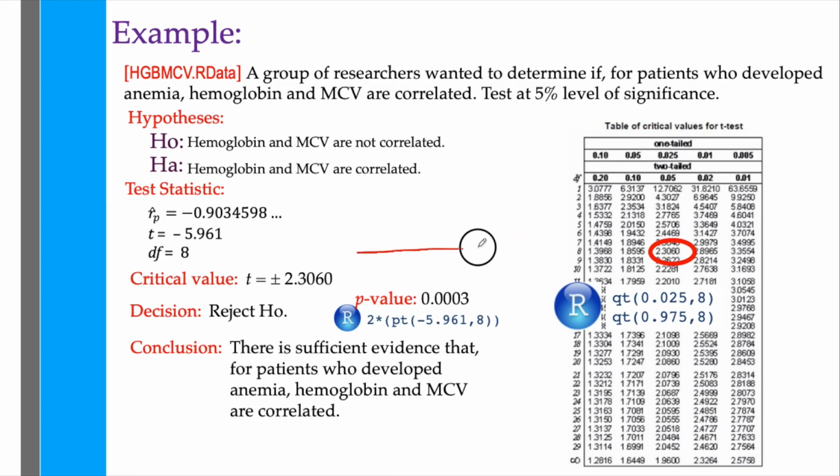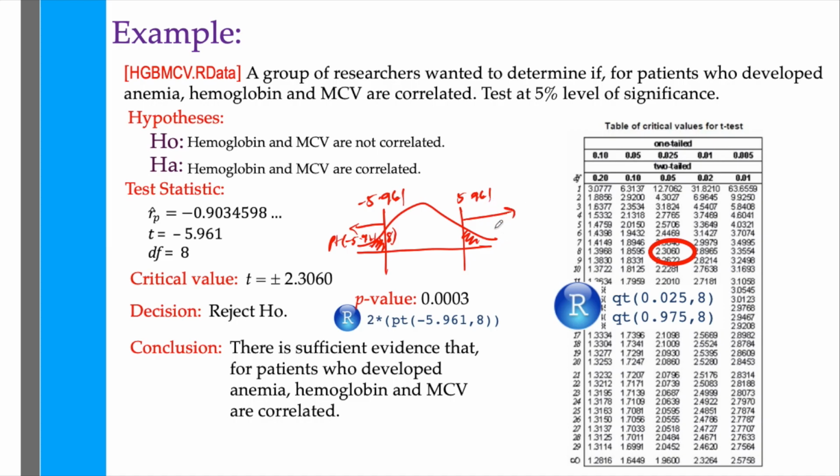Now, for the p-value, all we have to do is to get the area of negative 5.961 to the left and 5.961, since that is two-tailed, to the right. Now, this part is just pt(-5.961, 8).